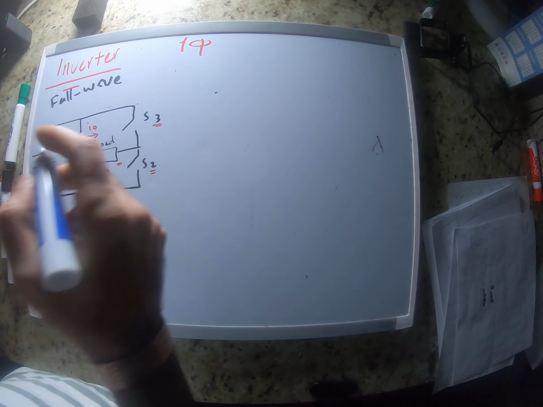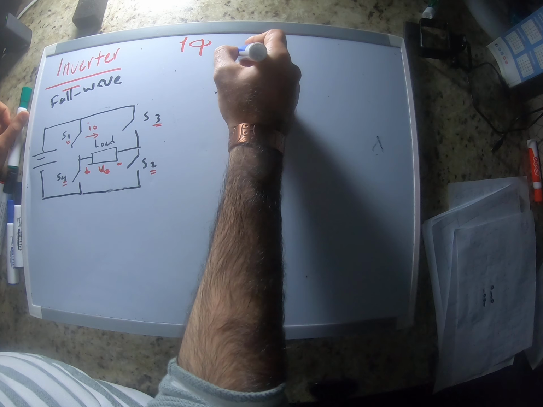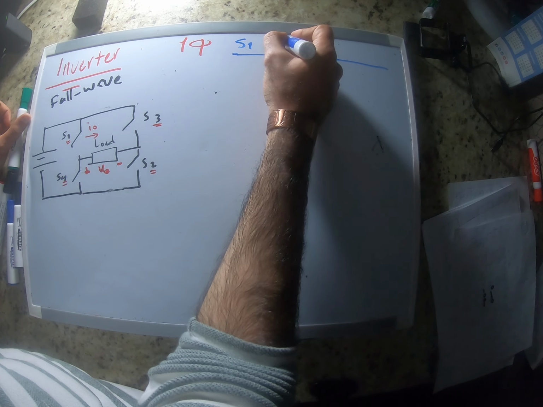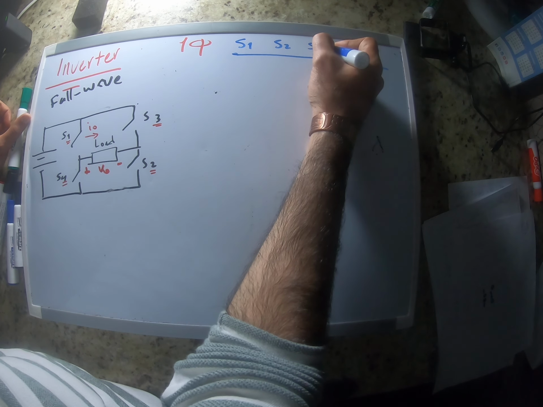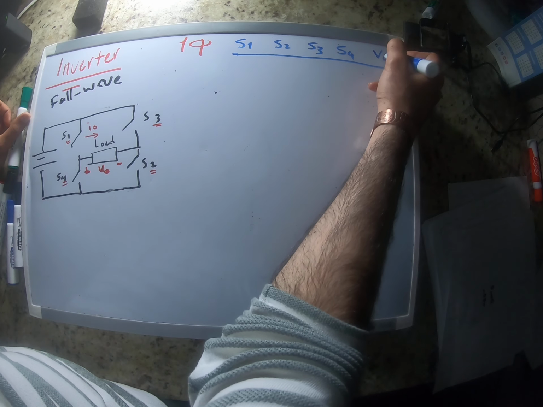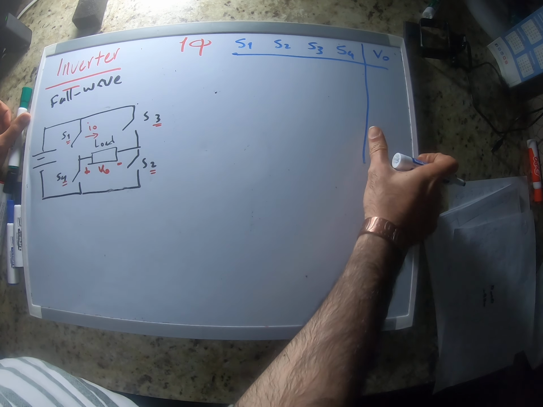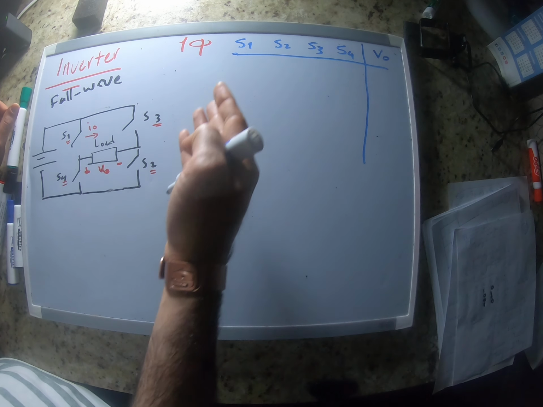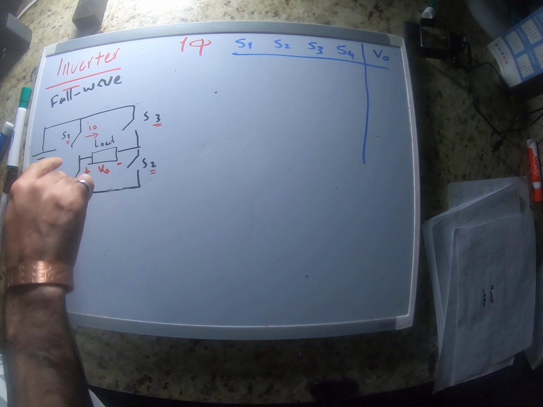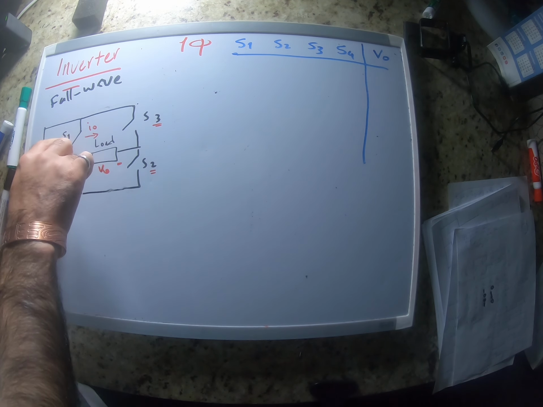But now let's look at the status of the switches. Now we have S1, S2, S3, S4, and we're going to look at VO. Okay, we have 4 switches, so we can have 16 different states, but there is some limitation. We can't have both of these two on at the same time.